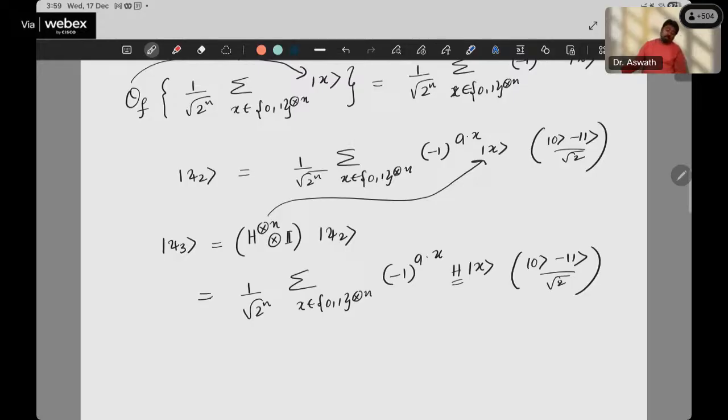If x is just a single argument like |0⟩, then H will simply act on x, which is H acting on 0. If x is 00, in that case H squared will act on |x⟩, which is H squared on 00.